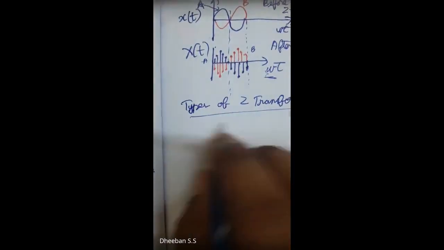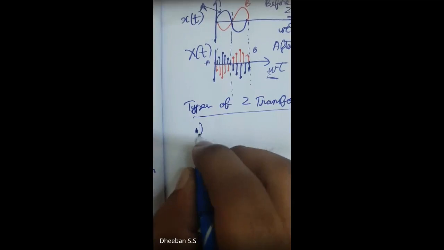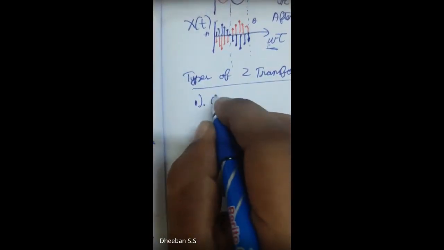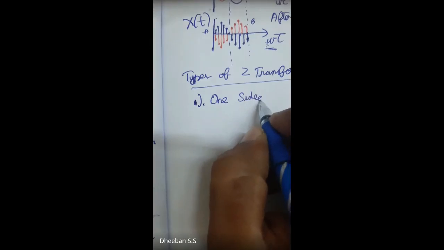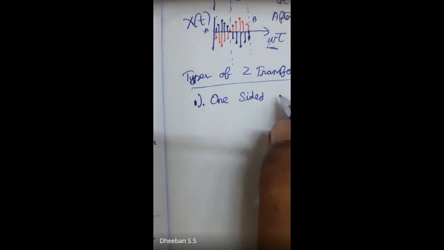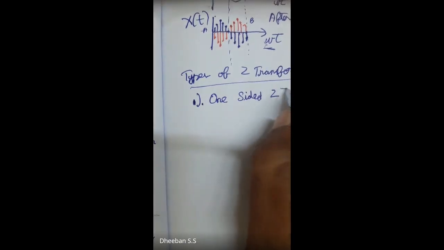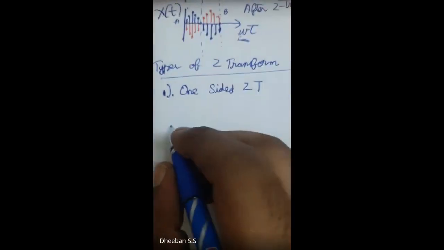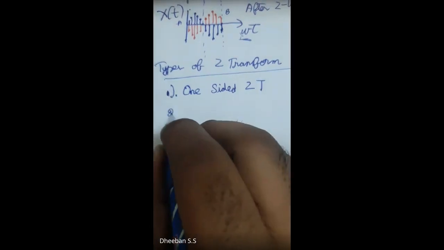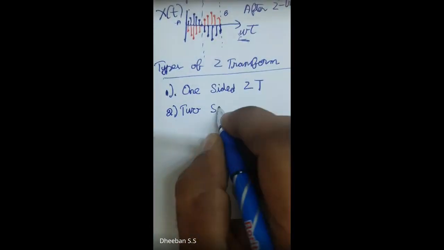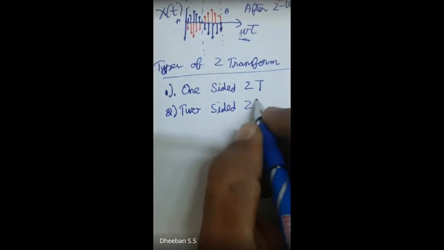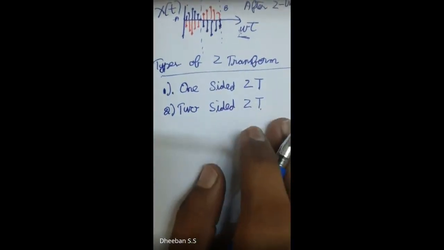So the first one is the one-sided transform. The other is the two-sided transform. This is nothing but with respect to your axis.